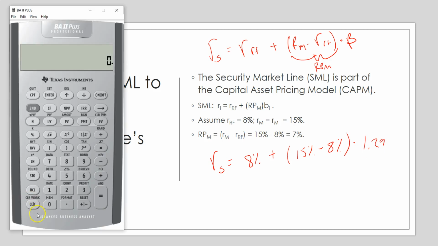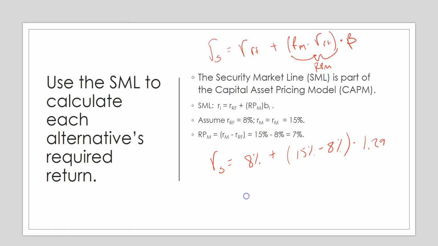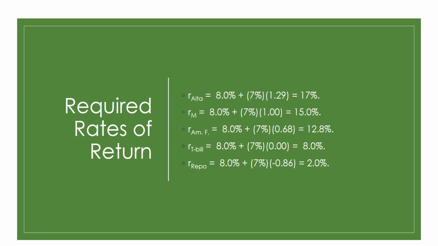So let's go ahead and calculate that. We have 15% minus 8%, multiply that by 1.29, and then add to that 8%. And we get a required return of 17%. Required return is 17%. Now we could do that for each of our securities.